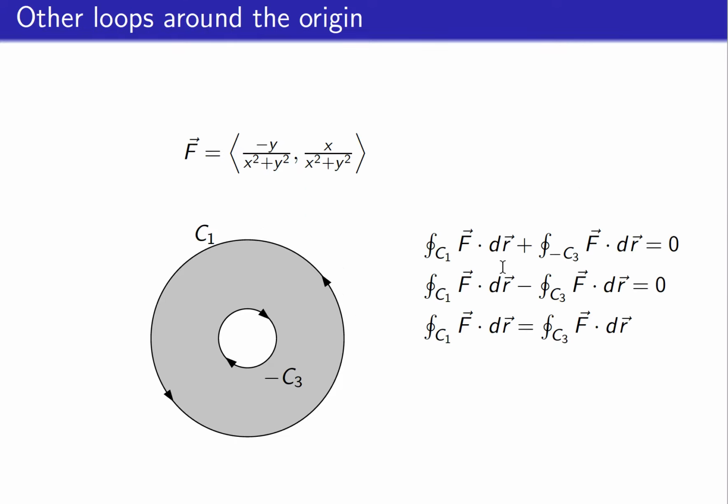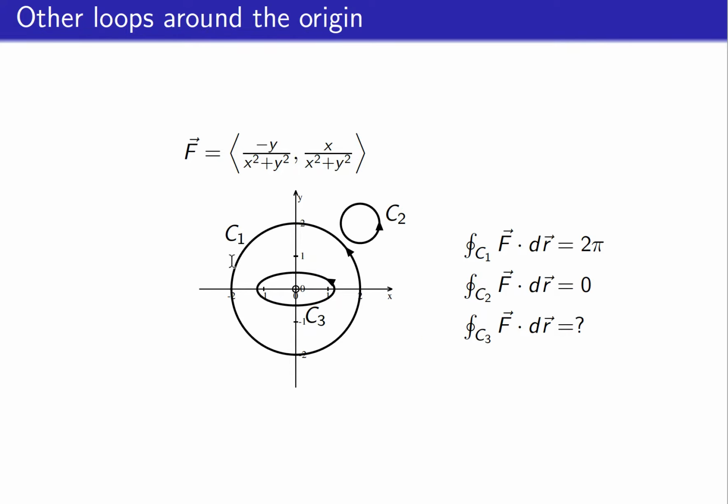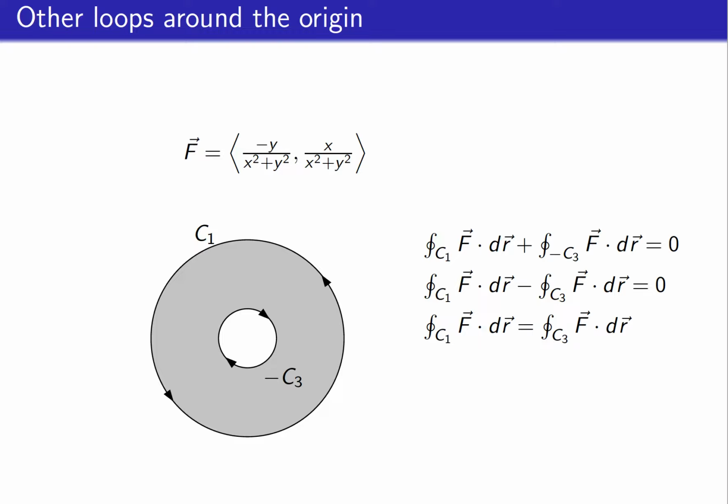All right. So in this case, let's say C1 goes this way, C3 goes this way. They're both going counterclockwise. Negative C3 will go this other way. That's what we want to look at.